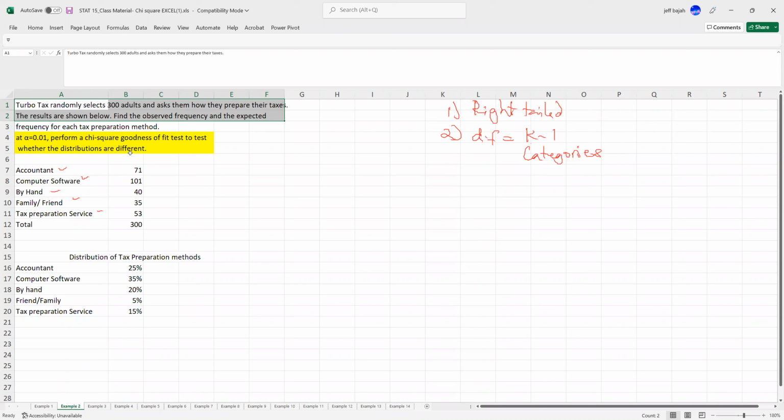Now, with solving questions involving chi-square for goodness of fit test, there are a couple of steps that we follow. First of all, we want to always take our null and our alternate hypothesis. We always want to know what our level of significance is.